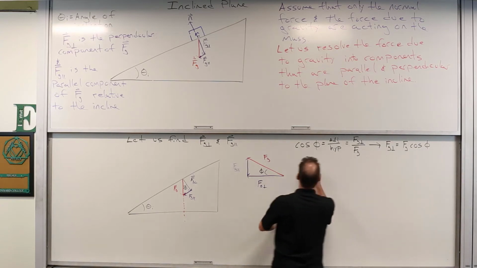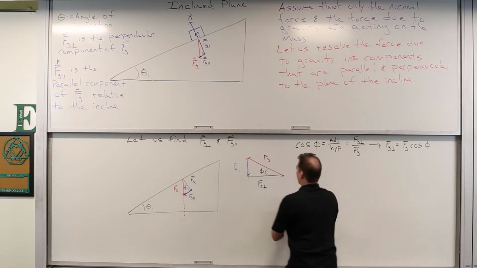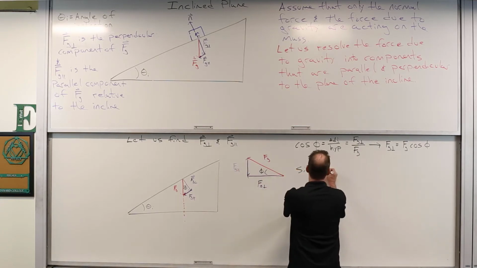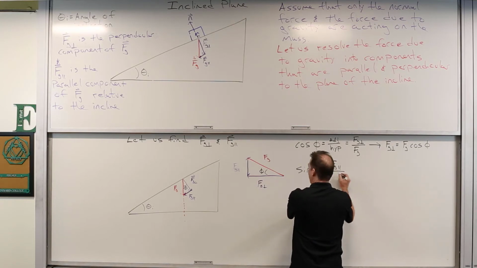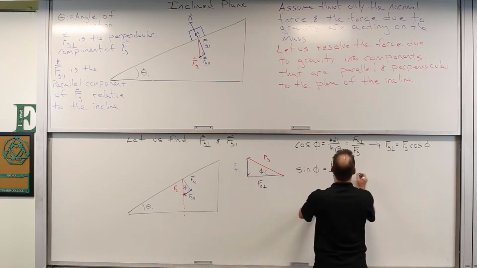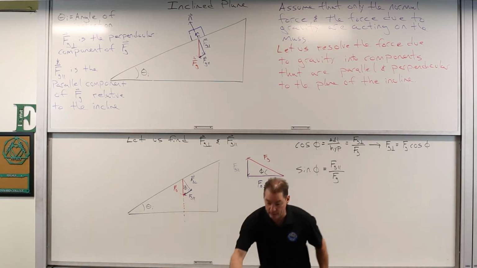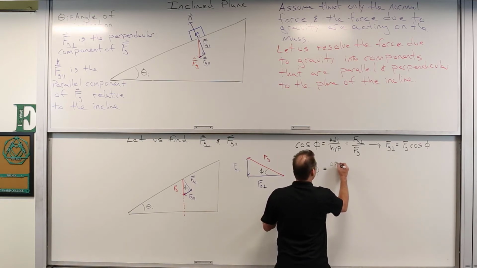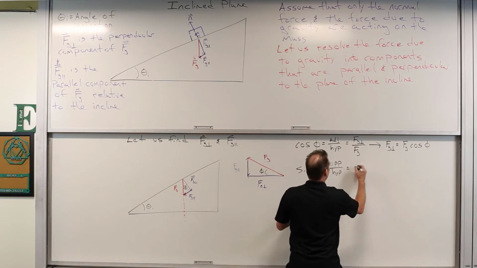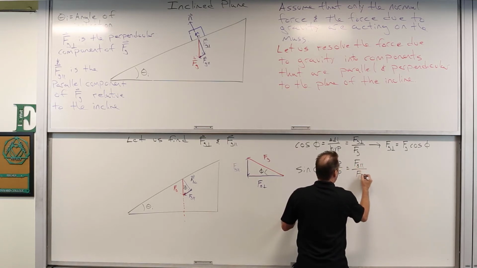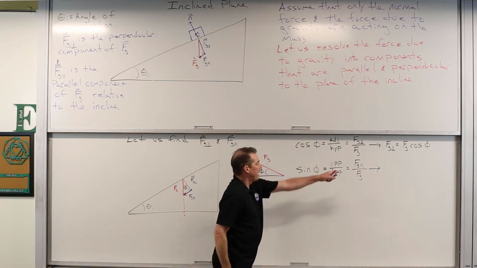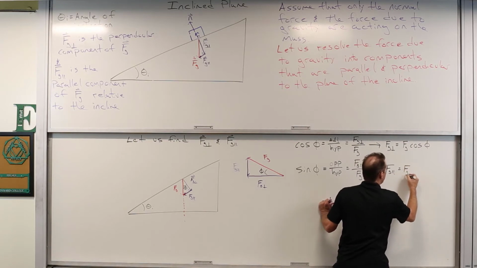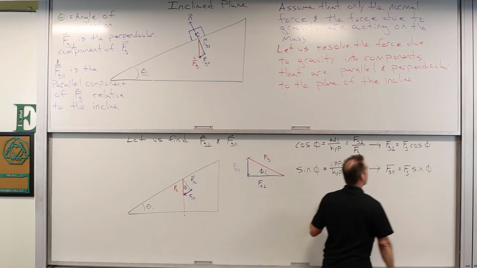All right, that's good. We can also do the sine of phi. Well, the sine of phi is defined by opposite over hypotenuse, which is going to be F sub G parallel divided by F sub G. We can solve that out for F sub G parallel and get that F sub G parallel is equal to F sub G times the sine of phi.